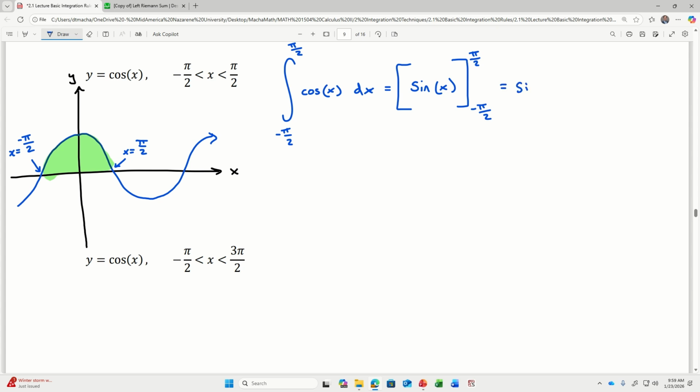So I'm going to end up with sine of pi over 2 minus sine of negative pi over 2. What's sine of pi over 2? 1. What's sine of negative pi over 2? Negative 1. Cool. So the value of this integral is 2. In other words, that green area has an area of 2.